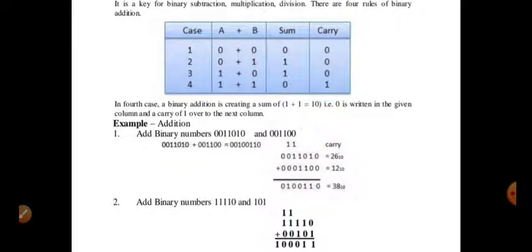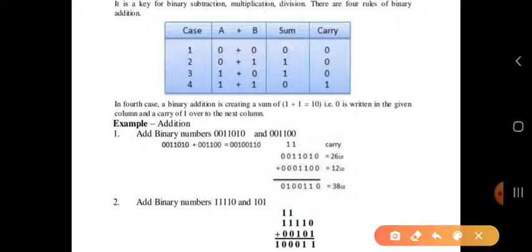When we add two numbers, that is 0011010 and 001100, here I have written each and everything very clearly. See, the two numbers are written. This is my first number and this one is the second number. When 0 is added with 0, it gives you 0. When 1 is added to 0, it gives you 1.